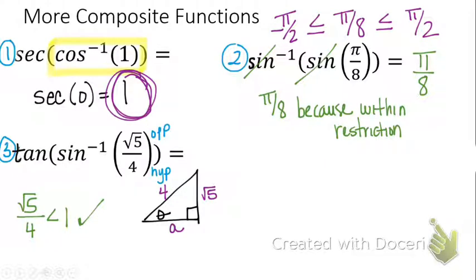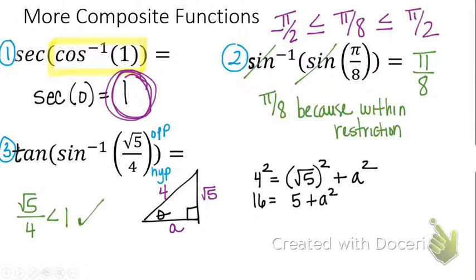So when we find our adjacent side, the hypotenuse, which is 4 squared, equals the square root of 5 squared plus the adjacent side squared. So this is going to give us 16 equals 5 plus a squared. Subtract 5, you get 11. So your adjacent side is equal to the square root of 11. That's the adjacent.